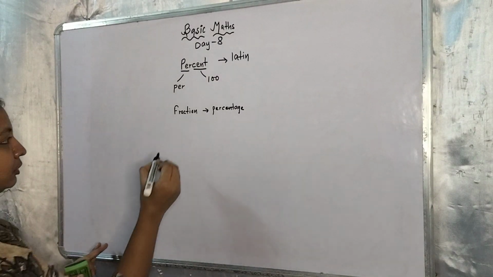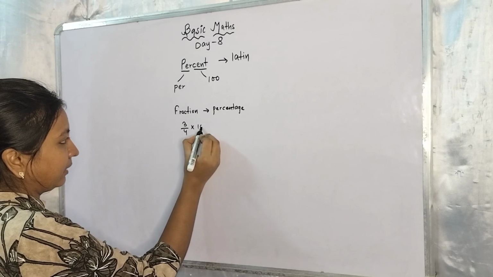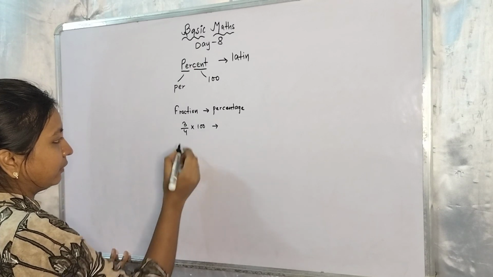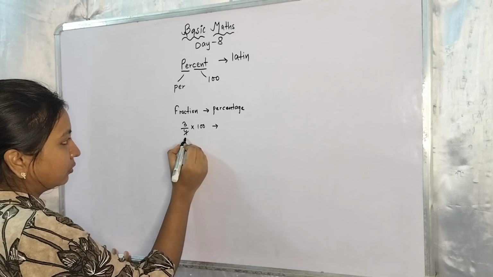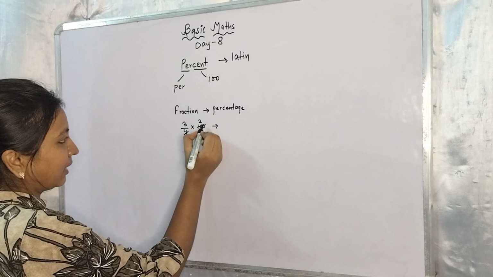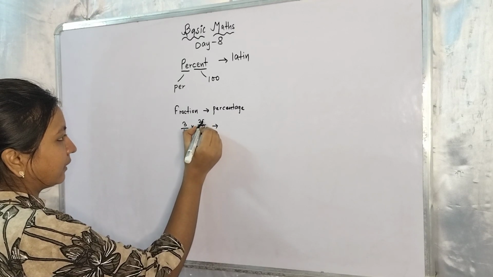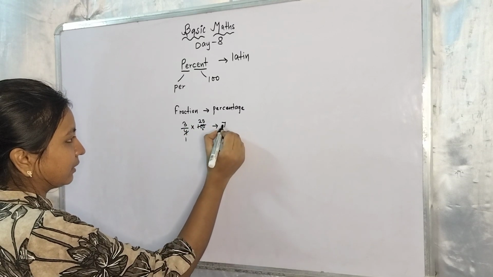For example, to convert 3 by 4 into percentage, you will multiply it by 100. 4 ones are 4, 4 twos are 8, and you are left with 20, 4 fives are 20. 25 into 3 is 75.